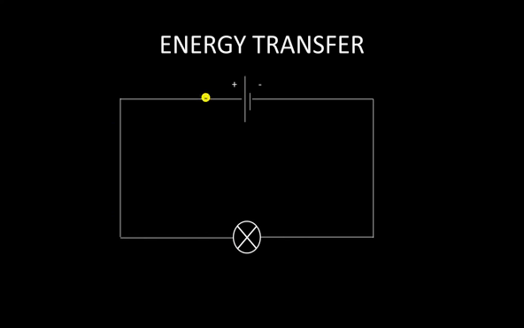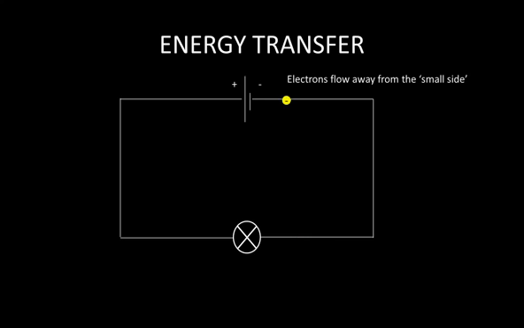I'm not sure if it's really visible in the animation I've made, but this electron is actually jiggling and vibrating more as it goes to the light bulb. But then after it passes, it loses all of that and just goes in really uniform motion. That is just basically to show you about this concept of energy transfer.